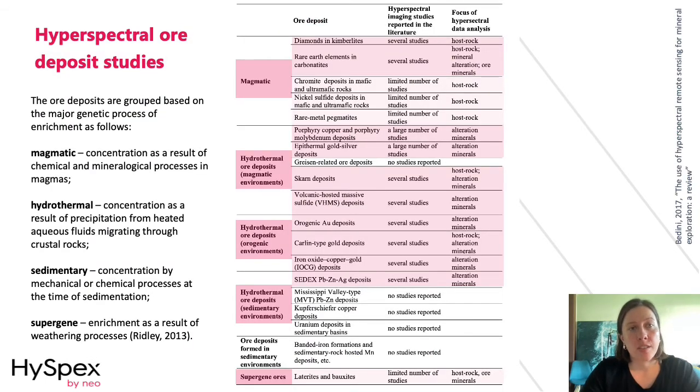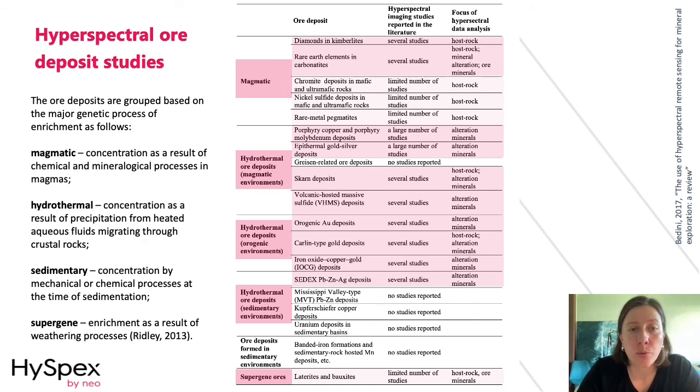For hyperspectral studies done on different ore deposits, I can just introduce you to the Bellini paper from 2017, which is a review paper showing how well different ore deposit types have been studied by hyperspectral. I tried to highlight in a stronger red that there have been several studies, or even a large number of studies, for example, for magmatic deposits, for rare earth especially, and for porphyry copper in the hydrothermal, as well as for different gold type deposits.